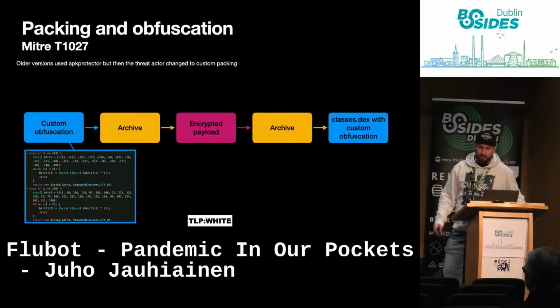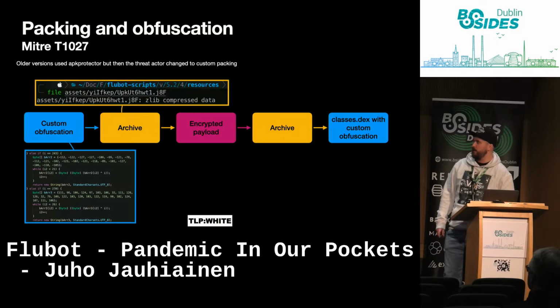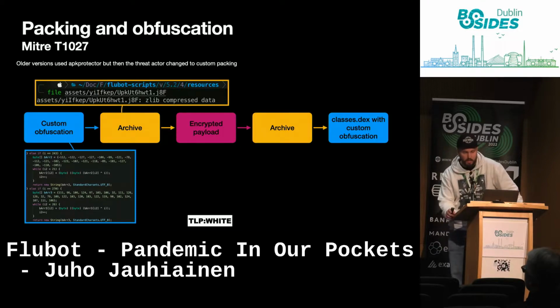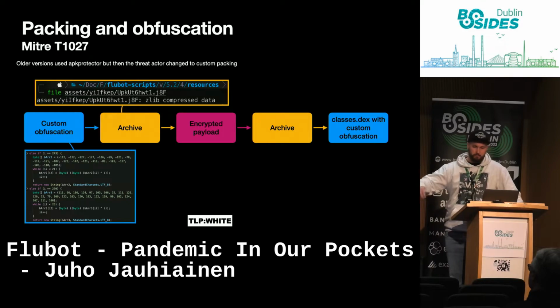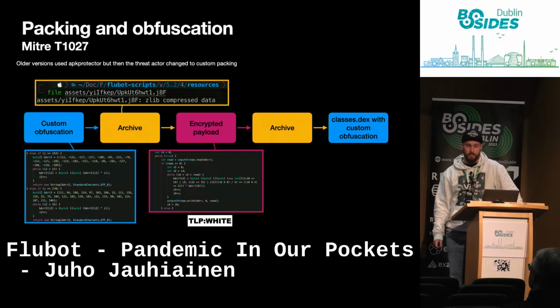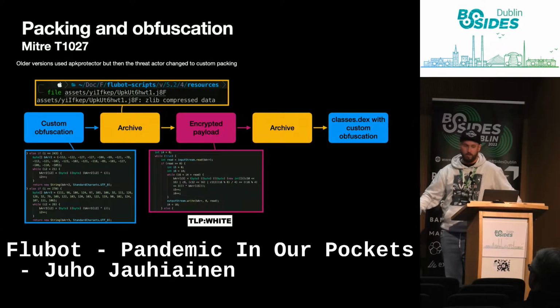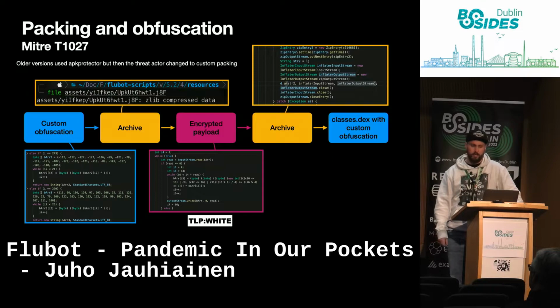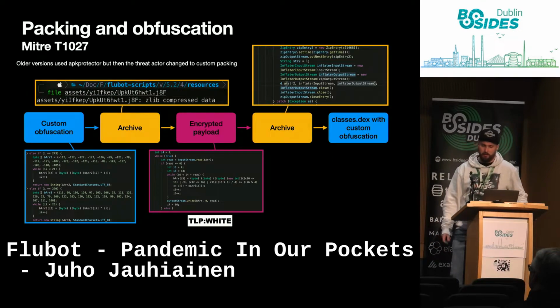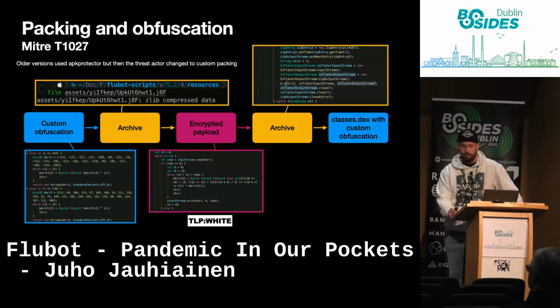First they have multiple layers of obfuscation and encryption. The first layer is a simple string obfuscation, and then there's an archive hidden in the resources, and when you decompress it, it's an encrypted payload. If you decrypt the payload, it becomes an archive, and the archive has the real classes.dex inside of it.